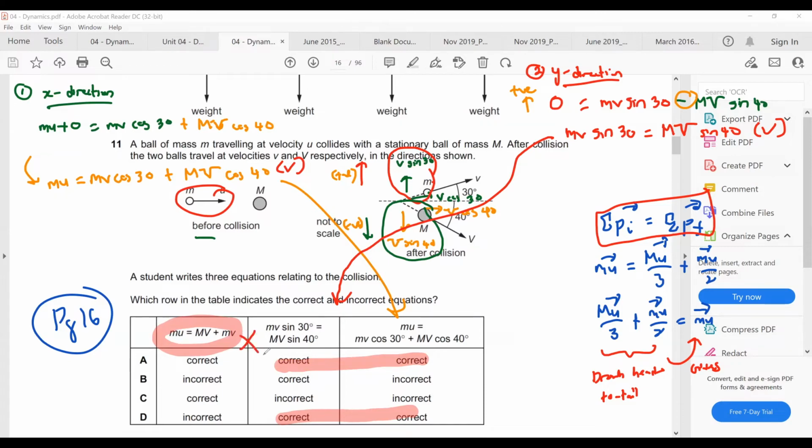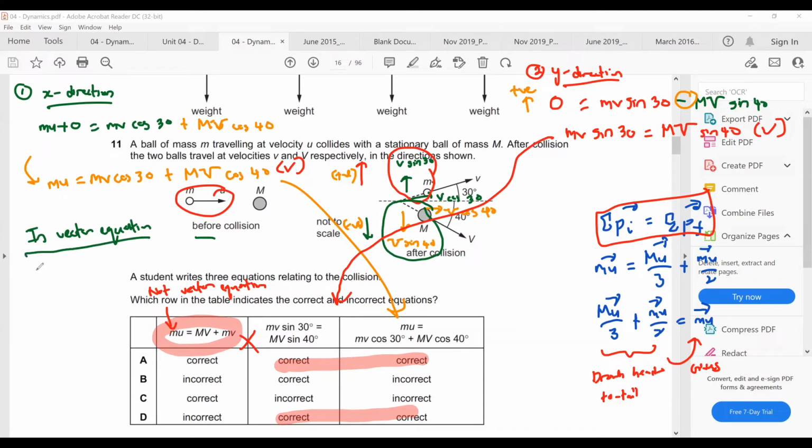is actually wrong because this is not vector equation. If the question wrote it in this way, if the question wrote it in vector equation form like this, if I apply what you just learned, the sum of initial momentum is equals to the sum of final momentum.